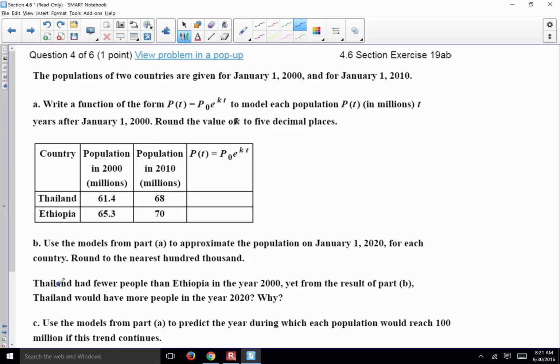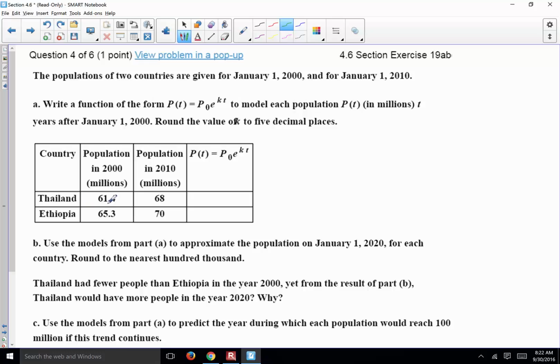Okay, this is nice. This is a population estimation question. Somebody compared populations of Thailand and Ethiopia in 2000 and 2010, over a 10-year period.